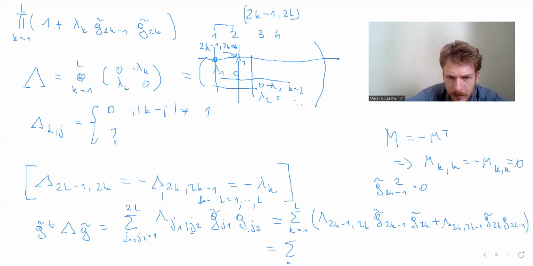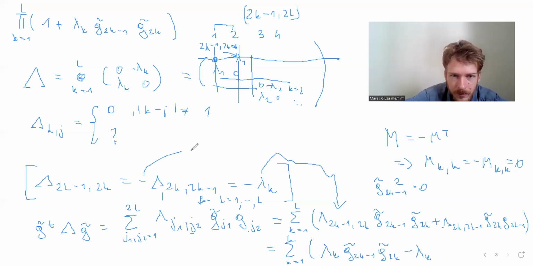So what do I get? I get k equals 1 until L. And now lambda 2k minus 1, we can put it here. So I get lambda k, and I would like to have g2k minus 1. Okay, let me write this out. g2k minus like this plus minus lambda k.